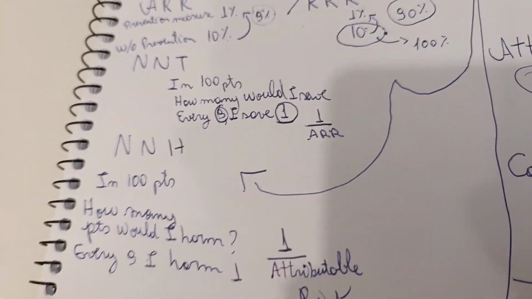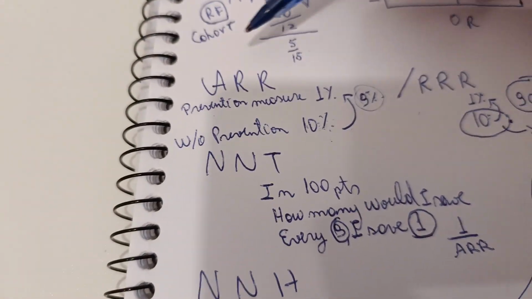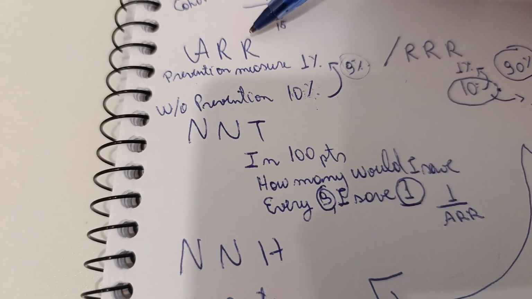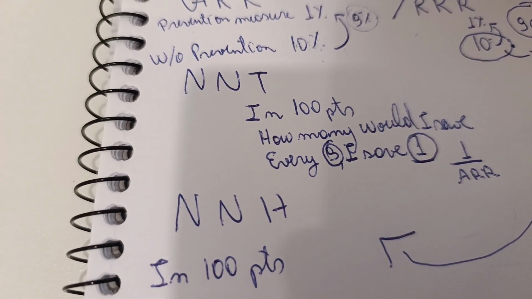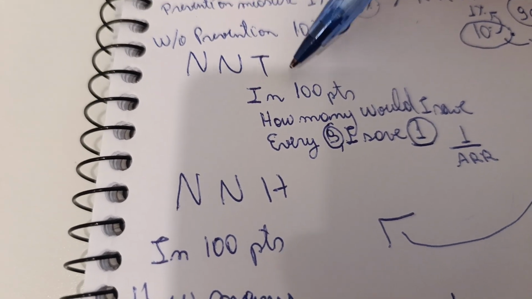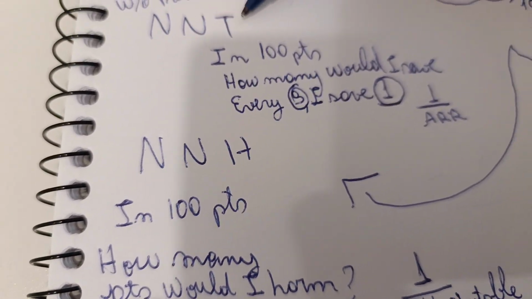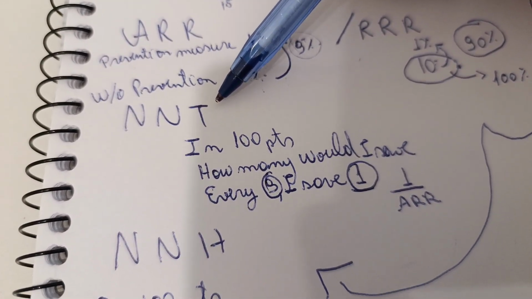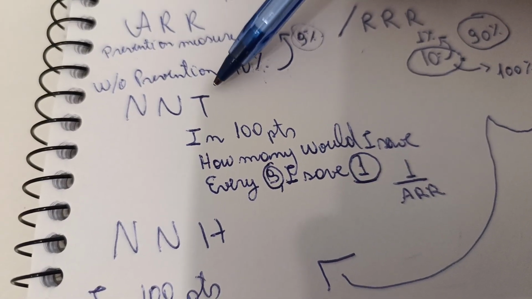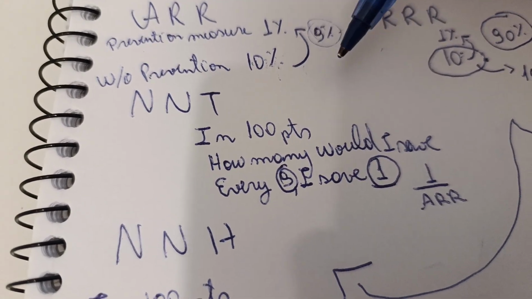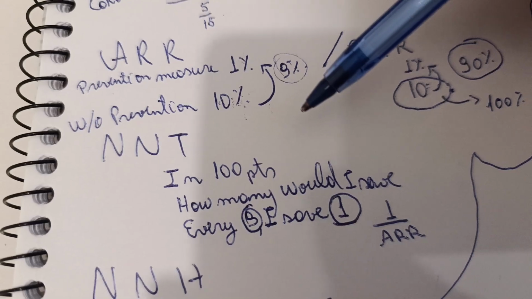All right. So absolute risk reduction is something that we can use to see how many people we need to treat, because there is an inversion relationship here.